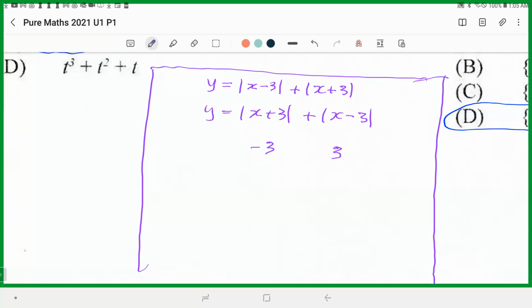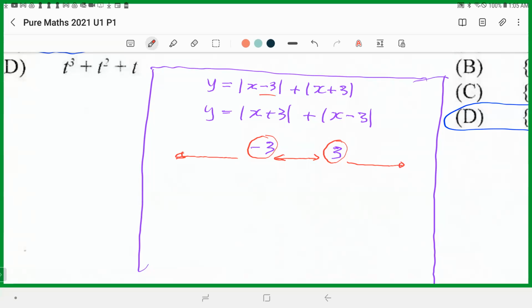Now what happens is that these two functions change depending on which side of the 3 and the negative 3 you're on. So you have three sections: values to the left of negative 3, values in between 3 and negative 3, and values to the right of 3.